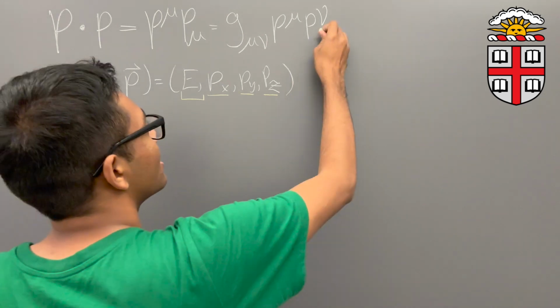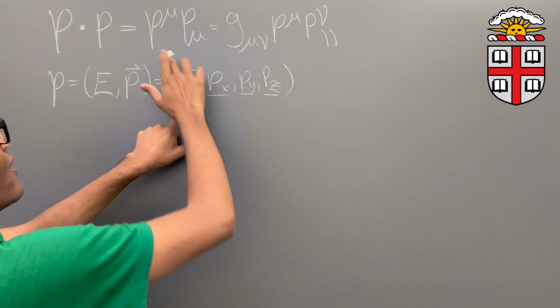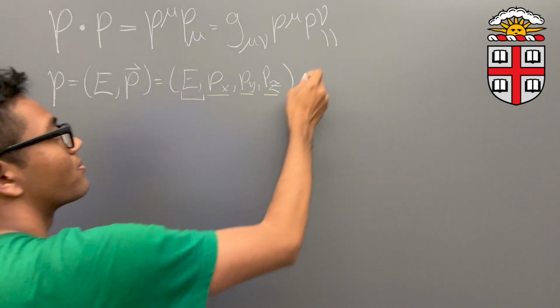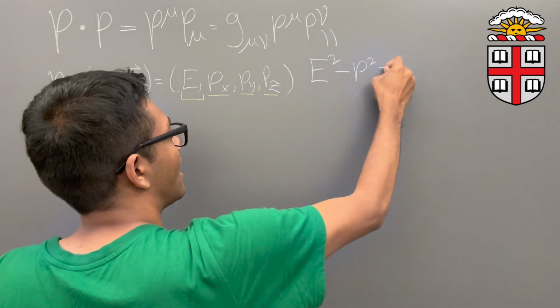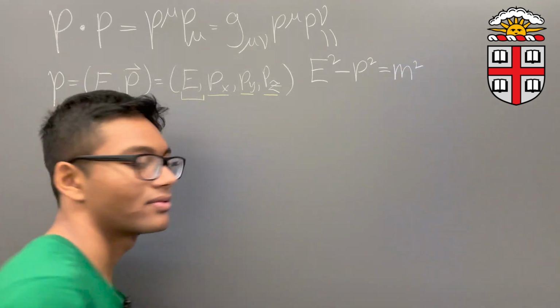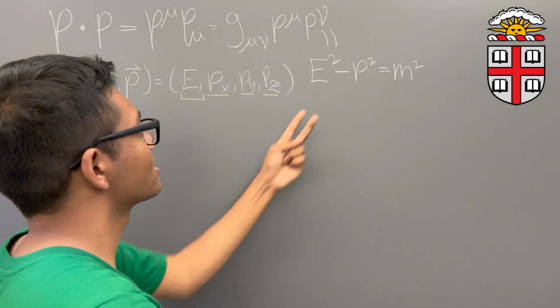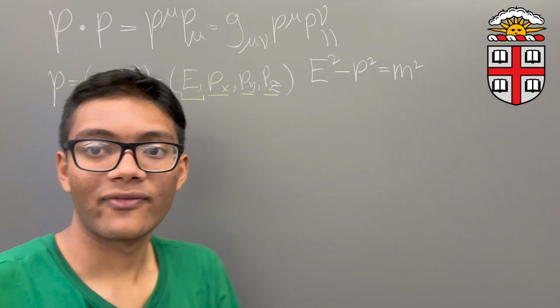And so this is going to give us what? This is going to give us E squared minus p squared. And what is this equal to if not m squared, right? So that gives us the result for p dot p, the energy momentum four vector.